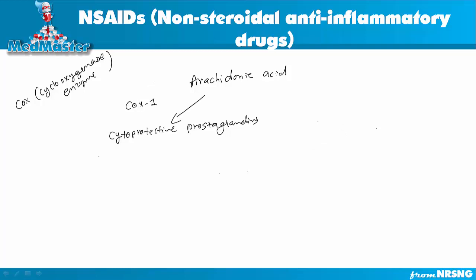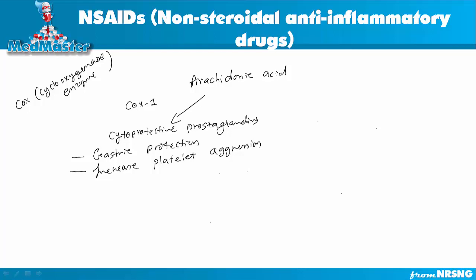Now, what is the function of this cytoprotective prostaglandin? The first is gastric protection. This prostaglandin protects the stomach by producing mucosa that protects the stomach against its own acids. The second one, it increases platelet aggregation.